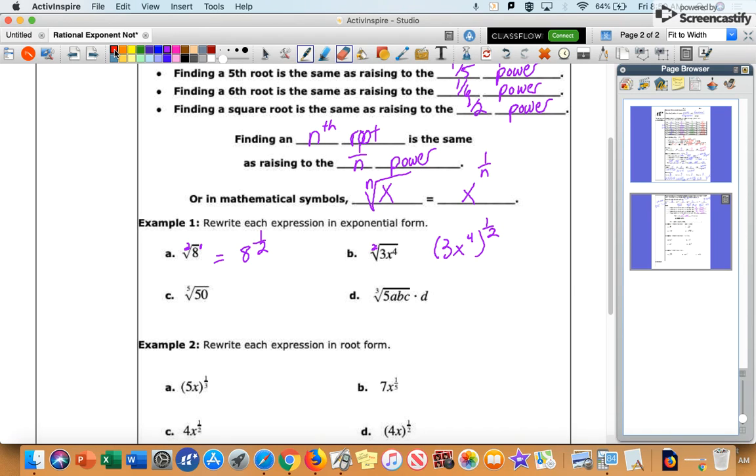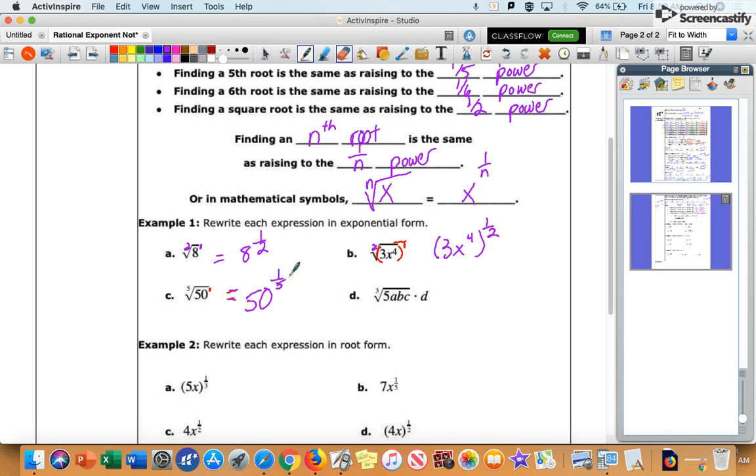Just to be clear here, this right here is underneath the square root, so it's like the 1/2 power of 3x to the 4th. So if we want to rewrite the next one, that would be 50 to the 1/5 power.